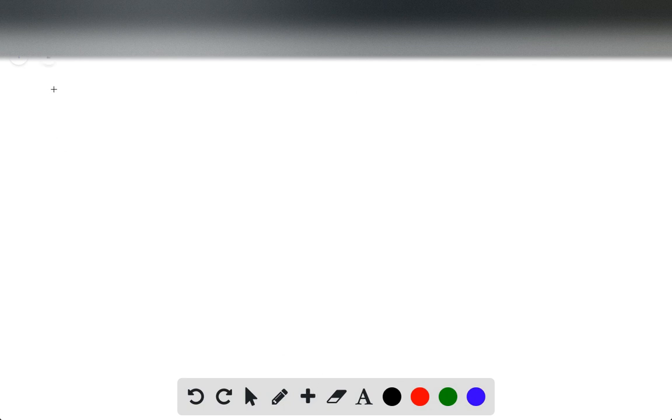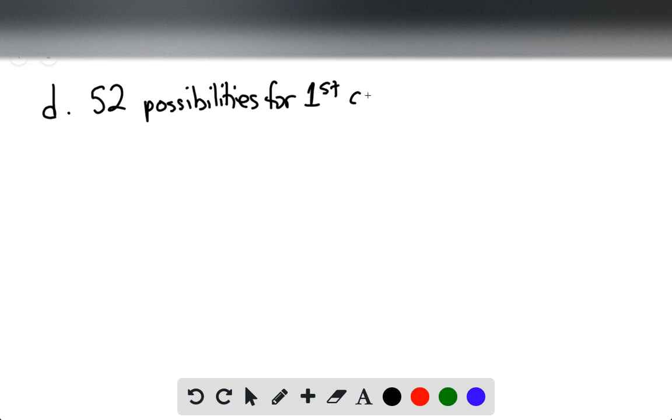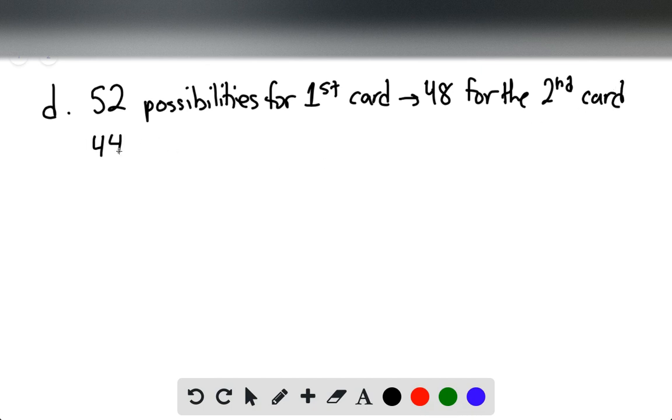And for part D, simply we have 52 possibilities for the first card. Then we have 48 for the second card. Of course, 44 for third, and so on.